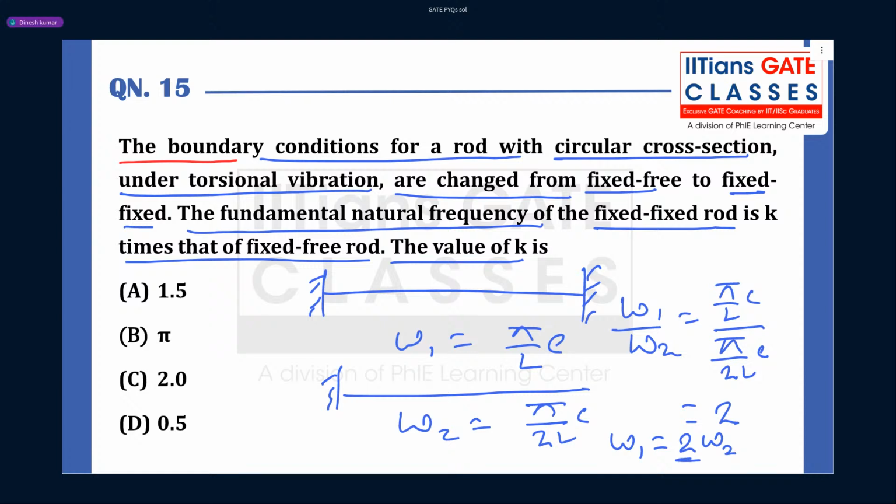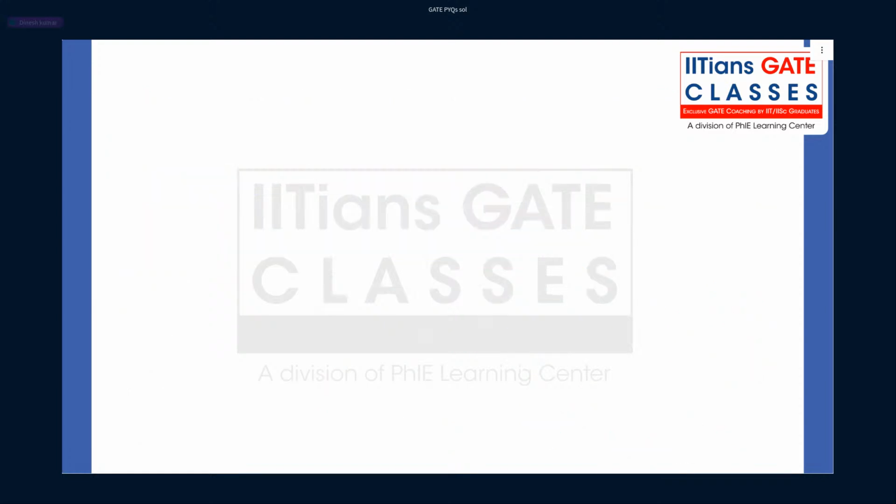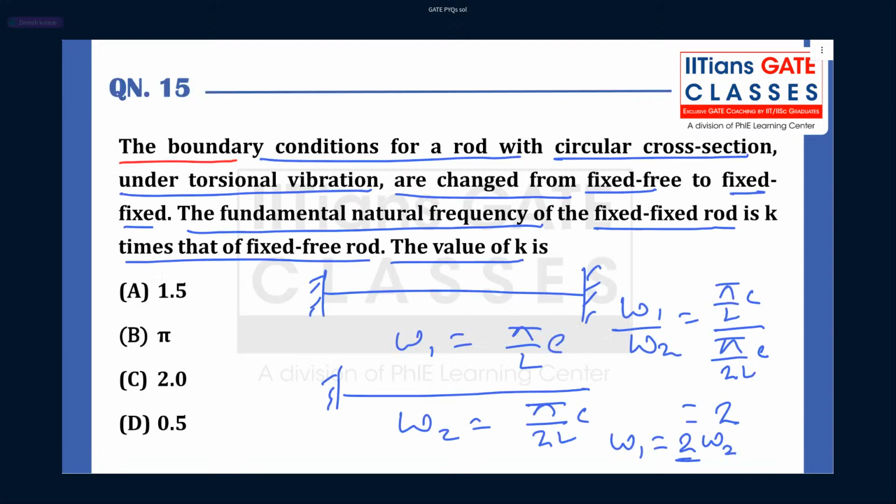So what is the K value? K will be 2. So guys, be careful how the ratio they want to take. In the previous problem, it was just reverse.